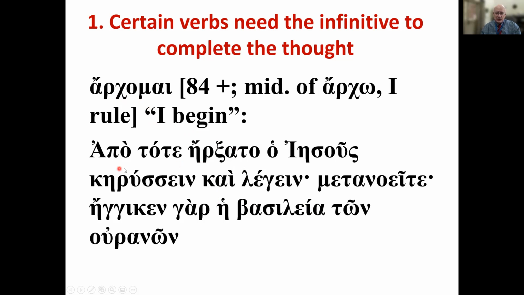this verse from the New Testament says in the aorist tense, ex apo, that Jesus began from then on, from then, apo, from, then, began, Jesus, and present infinitive, to preach and to say.